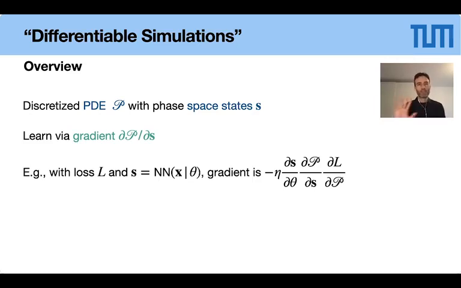Just to give you a look ahead, if we have some loss function L and a neural network, NN, that gets an input and provides us some physical state S, given some set of weights theta, then as you can see here on the right-hand side, starting from the far right, we have the derivative of the loss with respect to P. Then we get another Jacobian to obtain a gradient with respect to S, and then multiply it again with a Jacobian for S to theta.